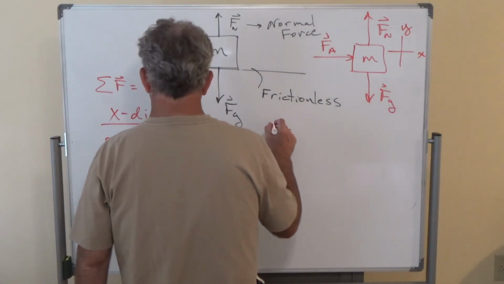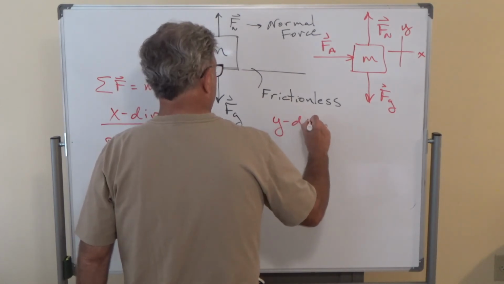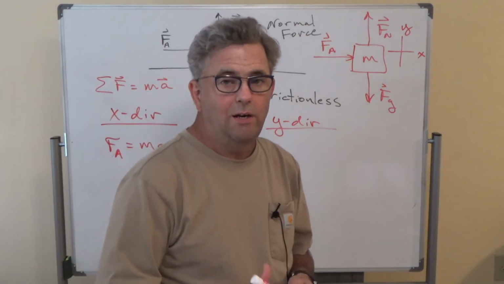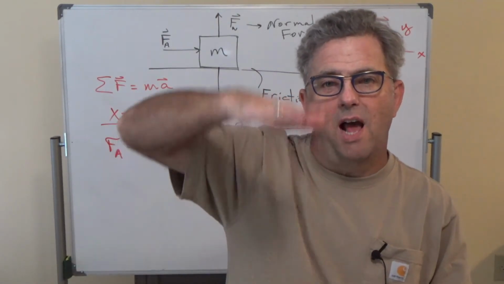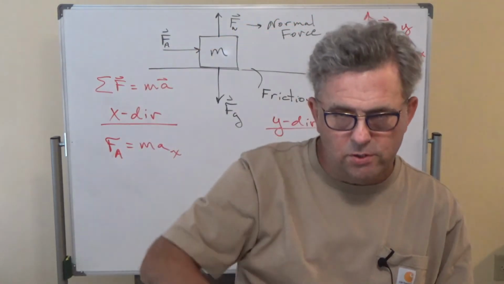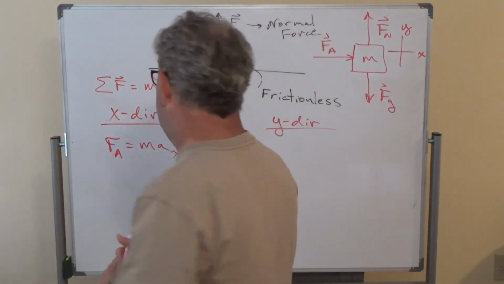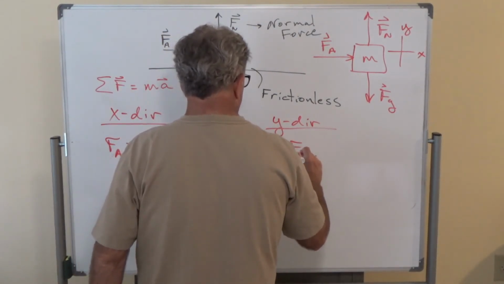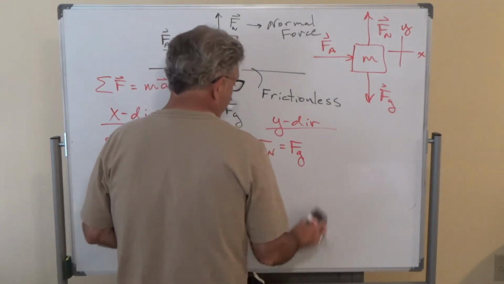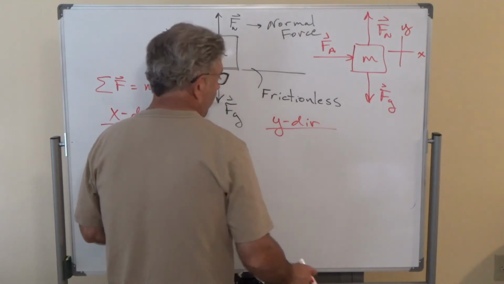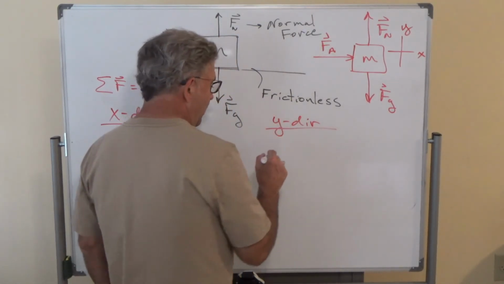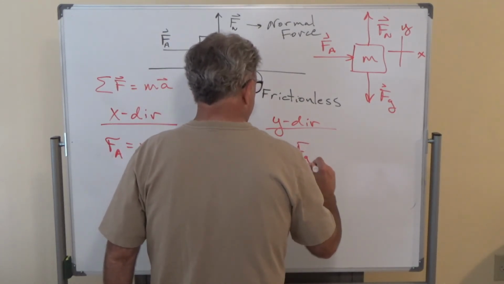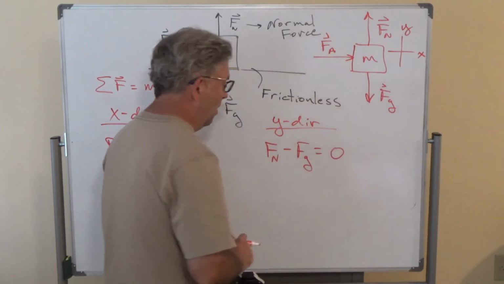Let's look at the y direction. So in the y direction, there is no acceleration. I know that from the physics. This thing is not raising up off the surface or falling through, okay? So in the y direction, F normal minus the force due to gravity is equal to 0.